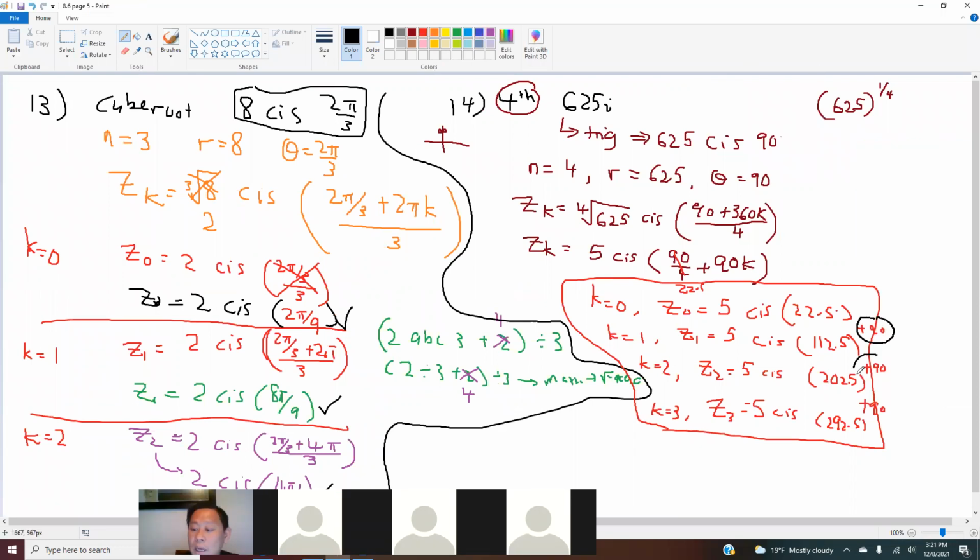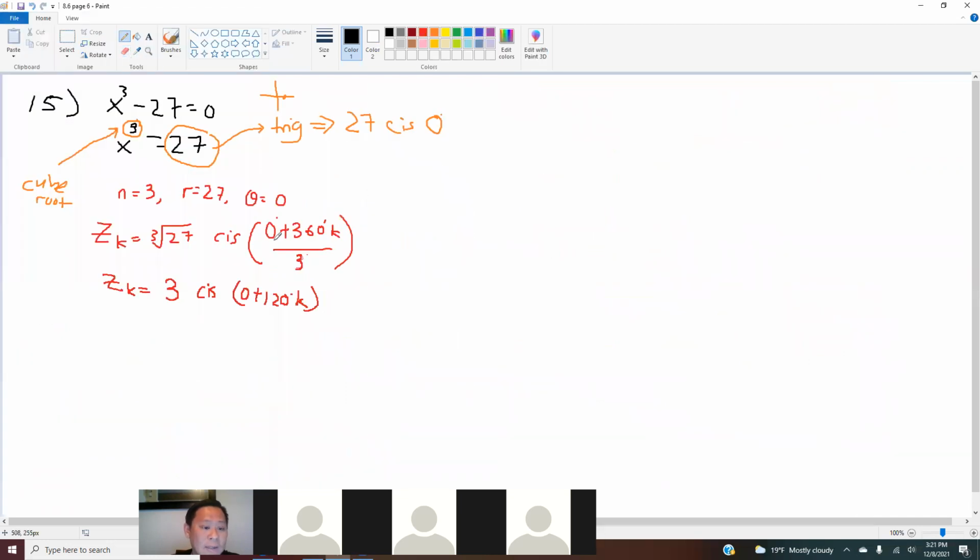You see this 90, 90, 90, this is all because of it. This is telling us that you just keep on adding that number to the next z, the next k. So what happens for this question is you keep on adding what?